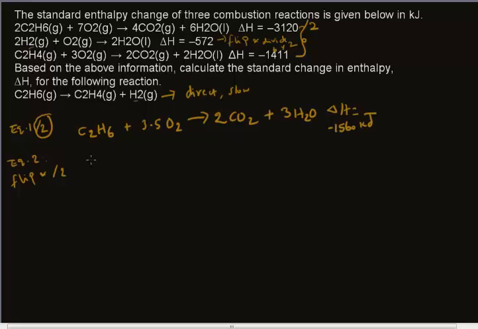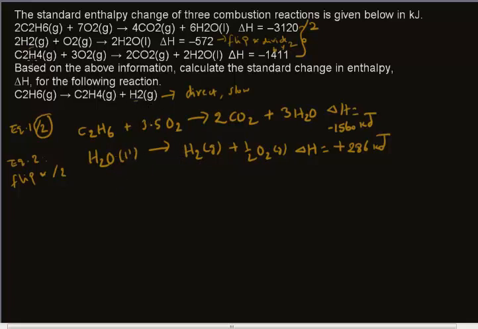When I flip, the water comes here, and dividing by 2, that would be H2O liquid becomes H2, and that becomes half O2 gas. Since I'm flipping this equation, the delta H sign becomes positive. So negative 572 becomes positive, and we're dividing by 2. So 572 divided by 2, that's 286 kilojoules. Now we have the H2 here, and in our parent equation on the same side, and the coefficients are the same.